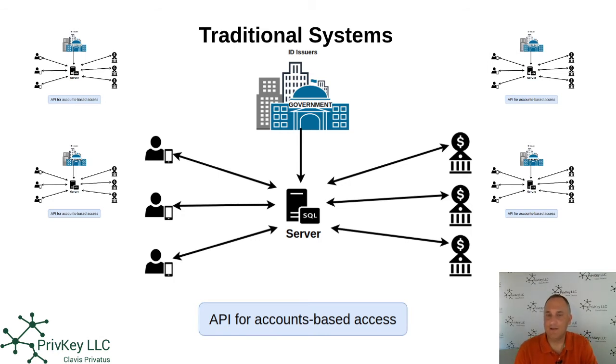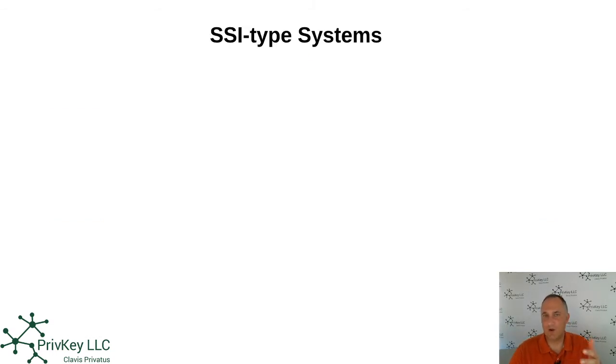People's identity gets stolen. There are services out there that start cleaning up this duplicate data and try to mitigate as much as possible. But it's a system that has grown up to what it is now. It doesn't have to be this way, and this is where SSI type systems come into play.